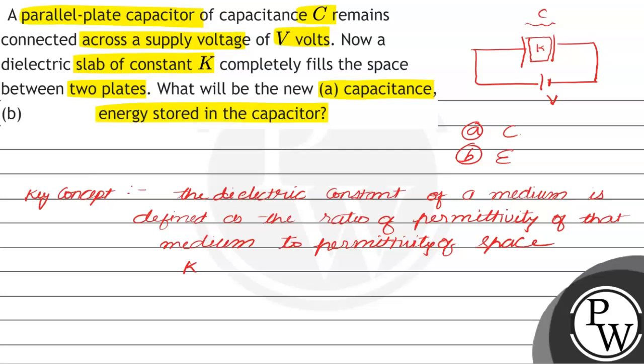So we can write the value of K as, let's say, permittivity of this dielectric as epsilon and permittivity of space is epsilon naught.